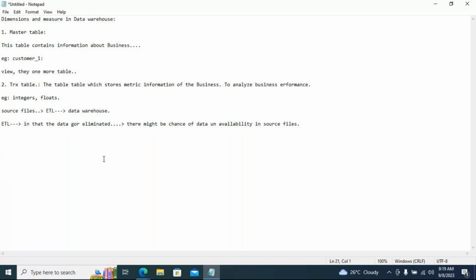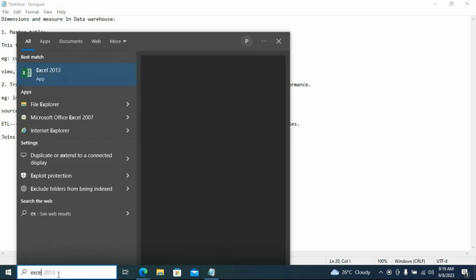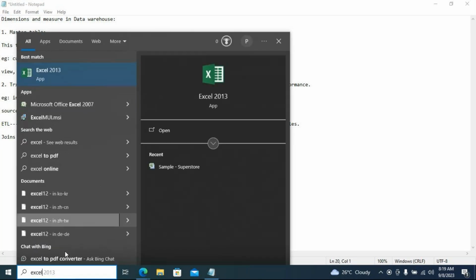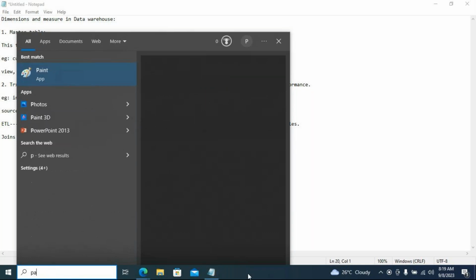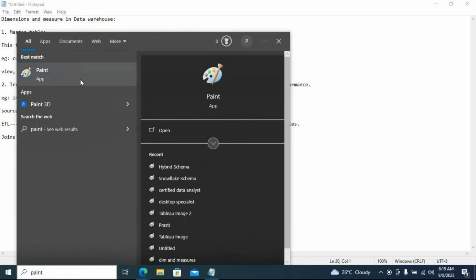When you are joining the data, for any metric information of the business, we have to perform joins between the master table and the transaction table, correct? So as I said, without performing any join, it's not possible to get both pieces of information into your reporting system.